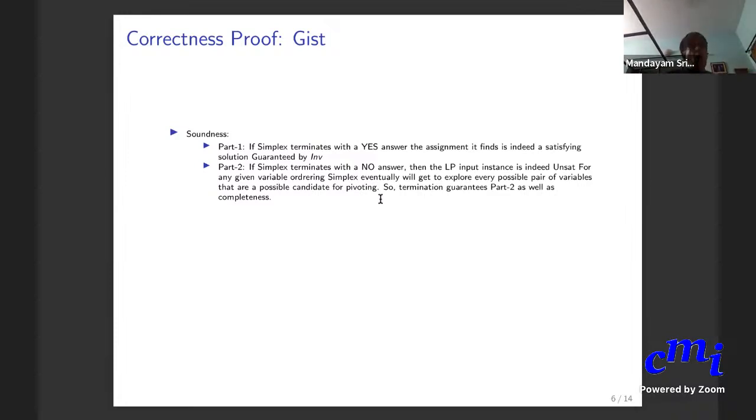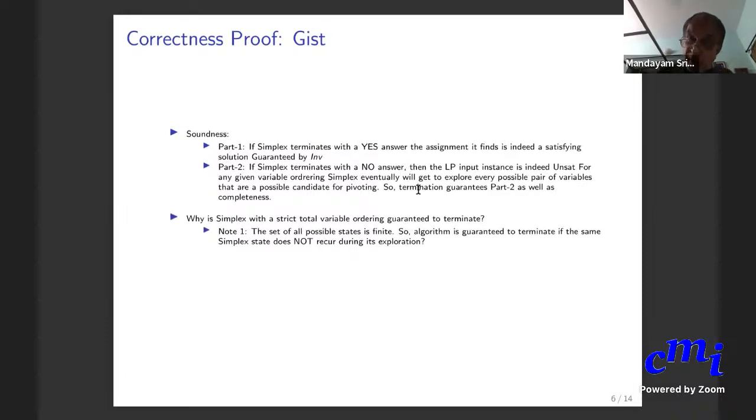In any given ordering, if there is a chance for pivoting, it will always pivot. This part of the soundness argument, as well as the completeness argument, which says that for every LP instance the simplex procedure does terminate, are both guaranteed by ensuring that it terminates.